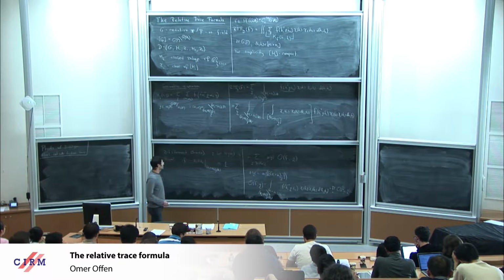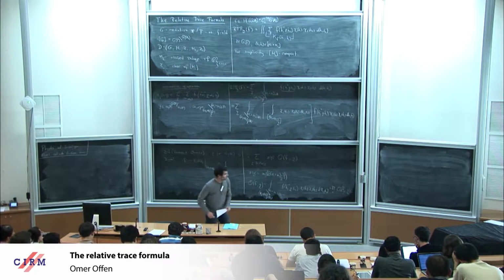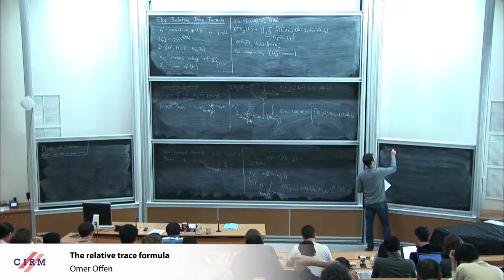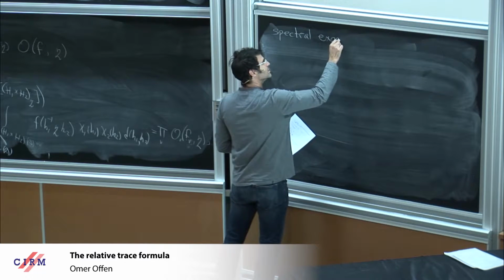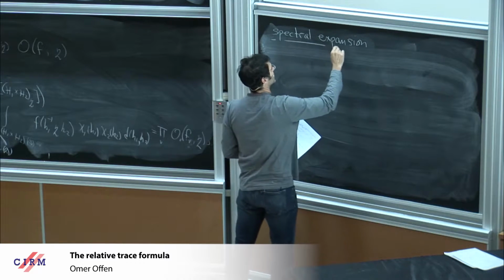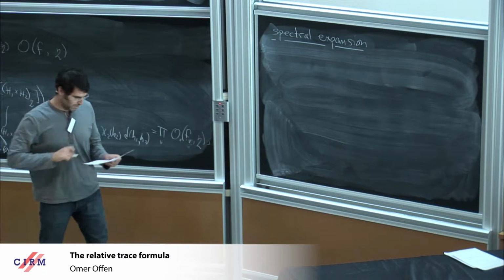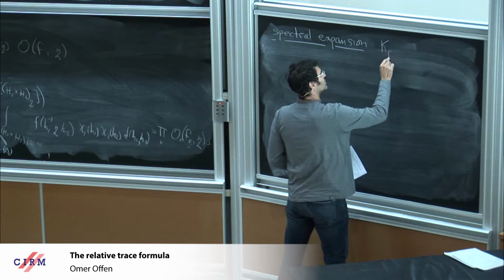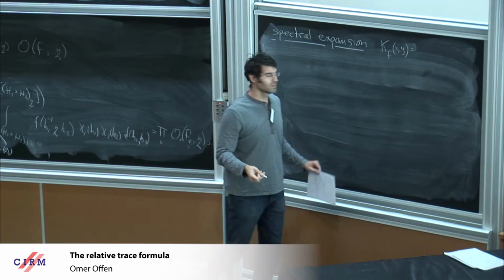Okay, so I'm not going to be too explicit about the spectral expansion, but let me just say some generalities and at least relate to the relative trace formula with this property of distinguished representations. So the standard kernel function also has an expansion which is based on Langlands spectral expansion.